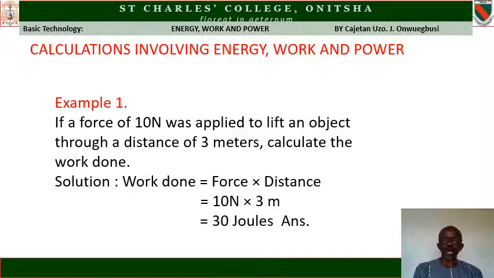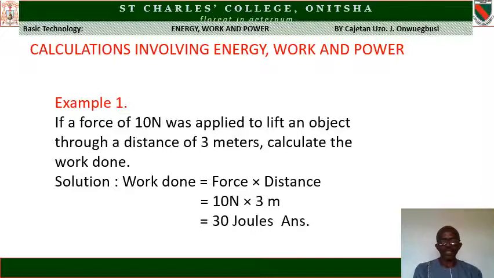Then we have to go into calculation involving energy, work, and power. We use the following examples to do the calculations. Example 1. If you are given that a force of 10 Newton was applied to lift a load through a distance of 3 meters, calculate work done.